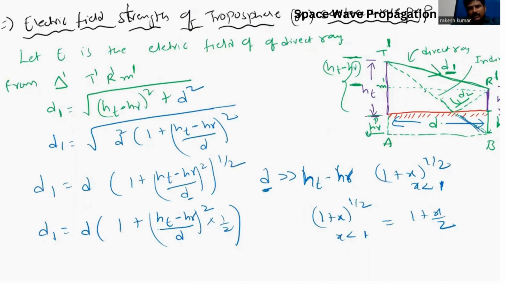D2 is nothing but square root of this side and this side. What is this side? This side is D. What is this side? From here to here it is HT, and from here this is HT plus HR. The total distance is HT plus HR.